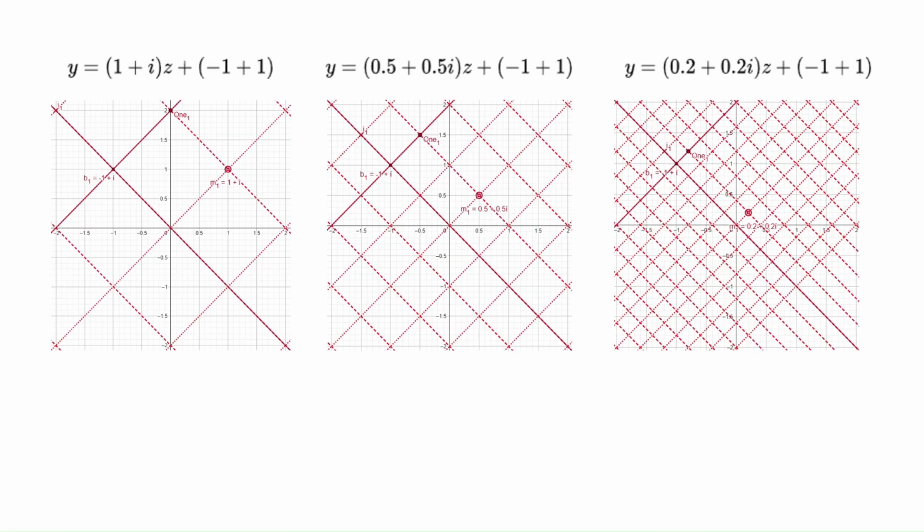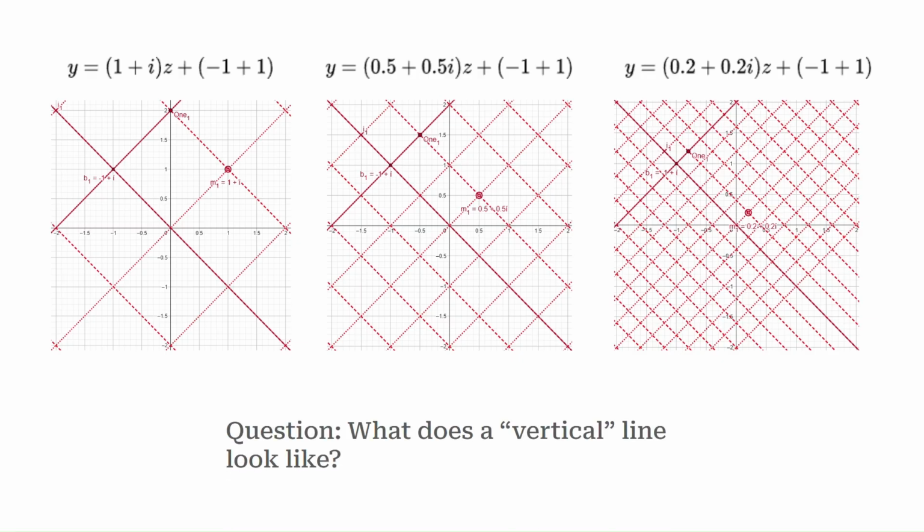Well, if you graphed lines with smaller and smaller complex slopes, these grid lines get closer and closer together, and you can imagine that in the limit you have an infinite number of these points around the origin. So I'll leave you to think about this. What does a vertical line look like? That is, a complex line with an infinitely big slope. Anyway, back to the main topic.